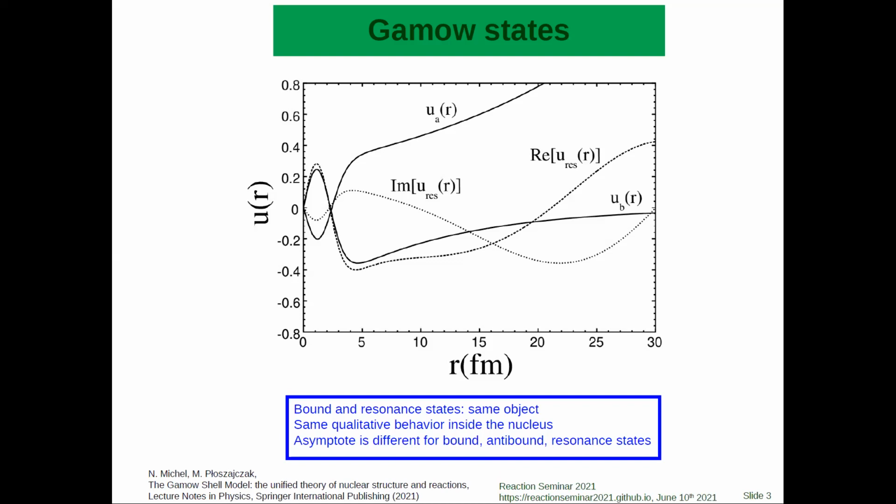So these one-body states embody the finite lifetime character of resonance states, and are the building blocks of the Gamow Shell model via the Berggren basis, which I will present. These one-body states are an extension of the bound state, because they all belong to the same class of one-body states, but they have different physical contents.